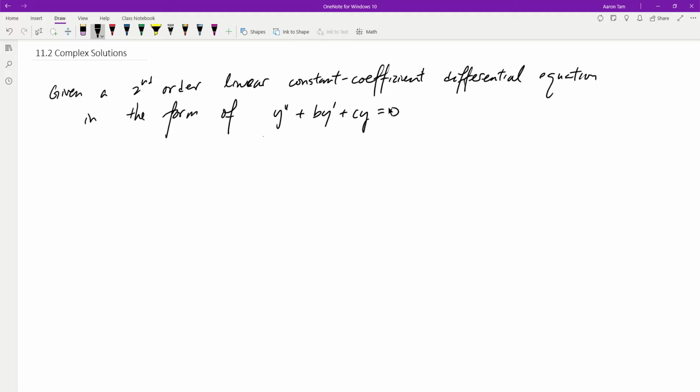So notice that we're still only focusing on the homogeneous equation. And yes, later in the section we'll talk about what happens if they're non-homogeneous. But we simply focus on homogeneous for now.